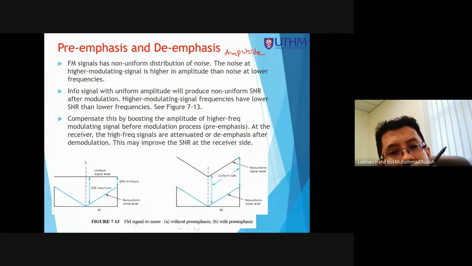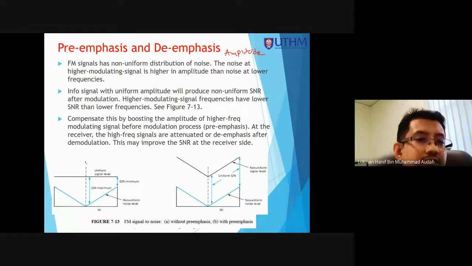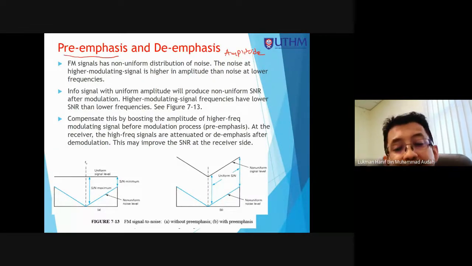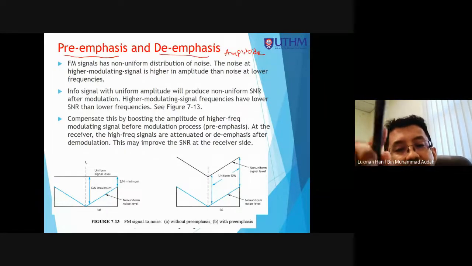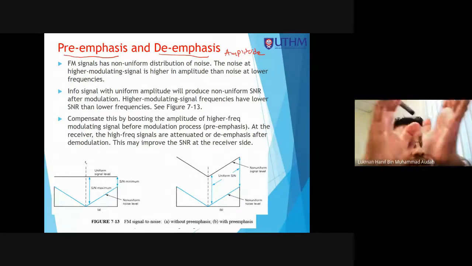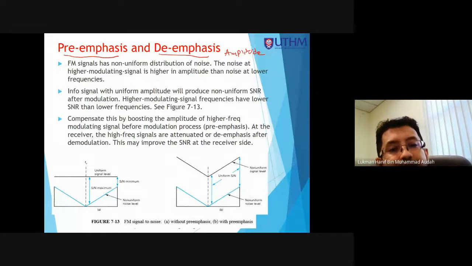Okay, so pre-emphasis is the process done in the transmitter. De-emphasis is the process done at the receiver. Satu dekat transmitter, satu lagi dekat receiver. Kalau pre-emphasis adalah proses menaikkan amplitude signal. We increase the amplitude.